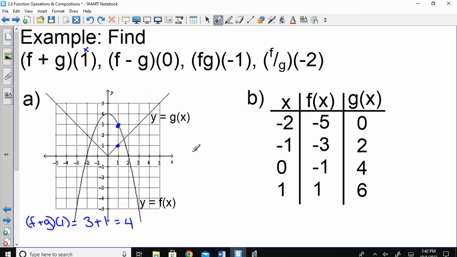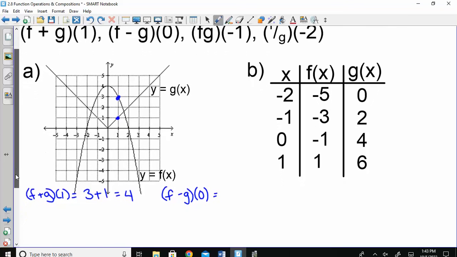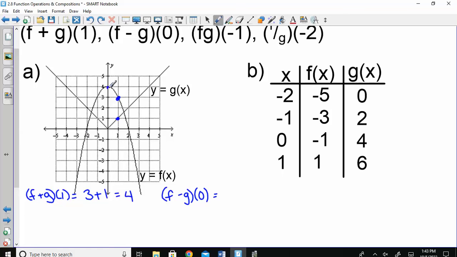Okay, so just understand that this value that you're putting in is your x, and I'm asking you to do something with their y's. So when I say f minus g of 0, so when x is 0, what's the value of f? 4. What's the value of g? 0. So 4 minus 0 is 4.